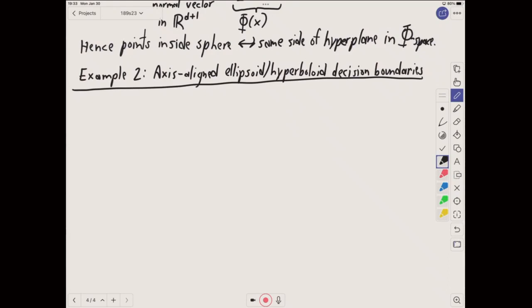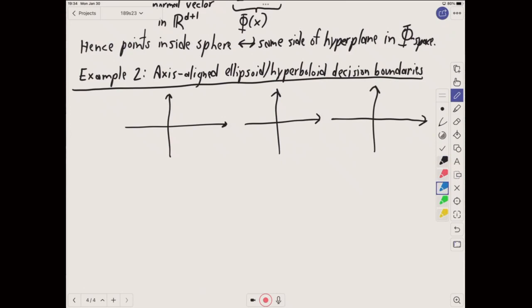So what is an axis-aligned ellipsoid or a hyperboloid? Well, here's a few examples. Here is an axis-aligned ellipsoid. And the reason why I say it's axis-aligned is because it has several different axes.